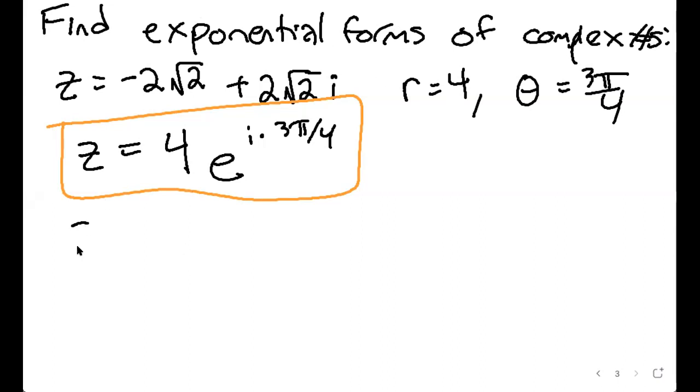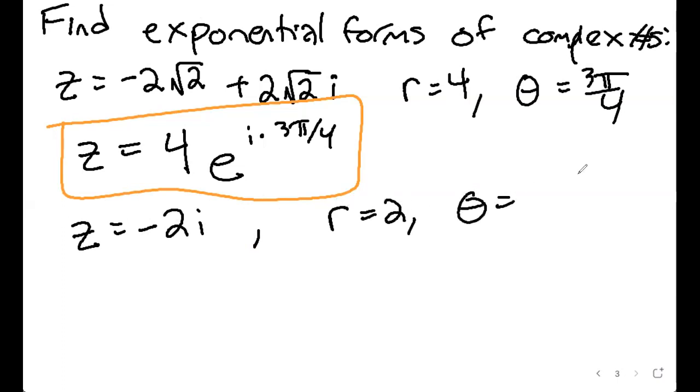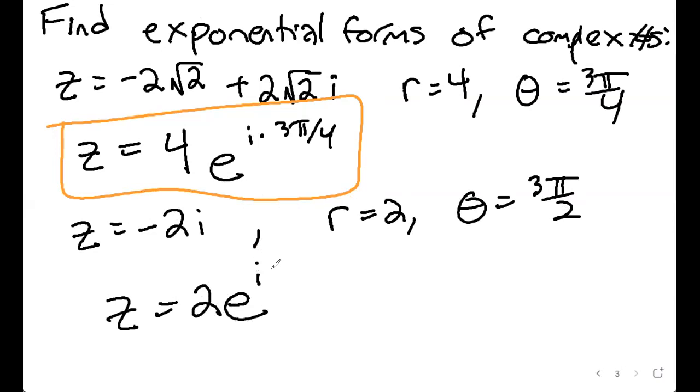Another number, I think a couple of videos ago, we looked at z was equal to -2i, where r was equal to 2 and theta was equal to 3 pi over 2, or you could use -pi over 2, both would work. And so once again, all we have to do is write down z is equal to 2 e to the i times 3 pi over 2.